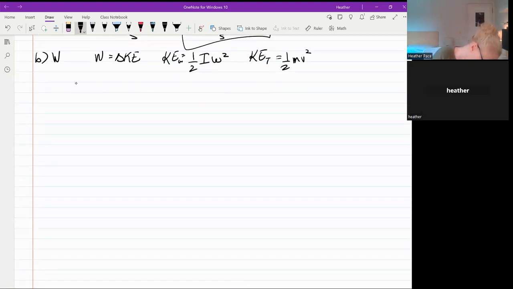Okay, so the change in kinetic energy is just the kinetic energy final minus the initial kinetic energy. Let's do KE, because it's easier to write. So what is the final kinetic energy? The final kinetic energy is going to be 1/2 I omega squared.